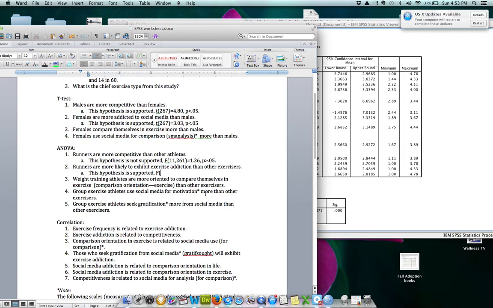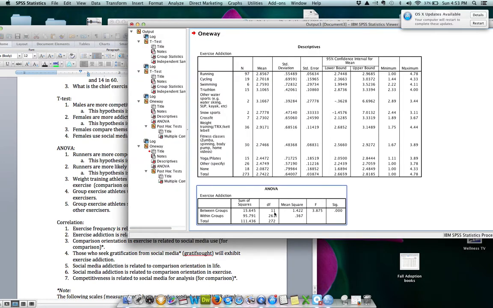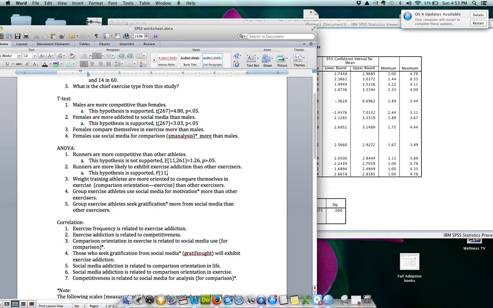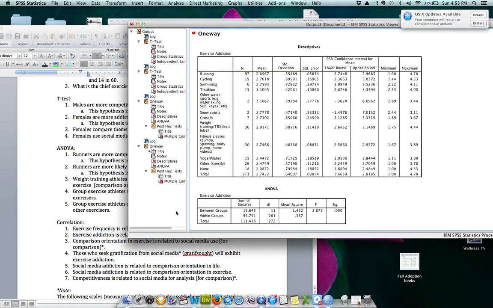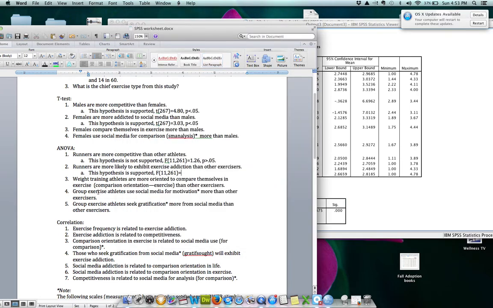Again, F is your statistic for ANOVA. F(11, 261) equals 3.875. P is less than 0.05.